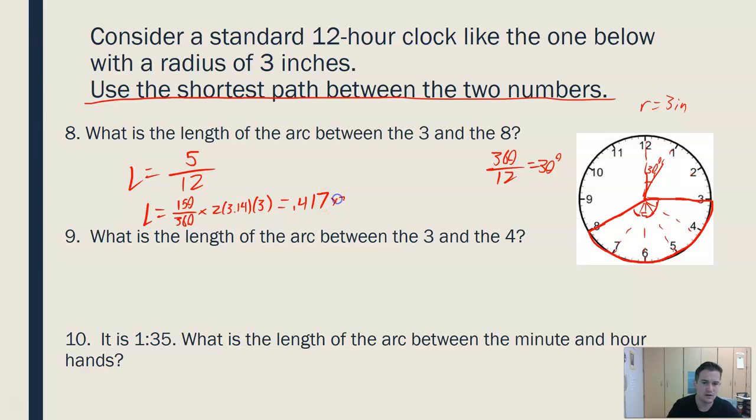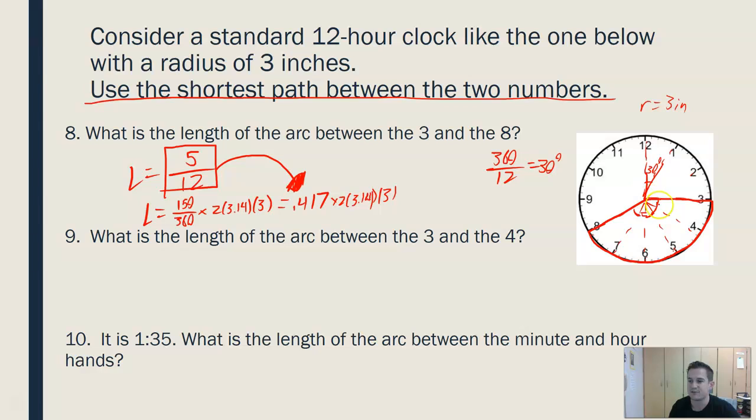If I take 150 divided by 360 in my calculator, I get 0.417 times 2 times 3.14 times 3. But notice also that 5 divided by 12, the fraction I did earlier, is also 0.417. So when I'm finding the arc length of a given section around a circle, I'm just taking a fraction of the circumference.